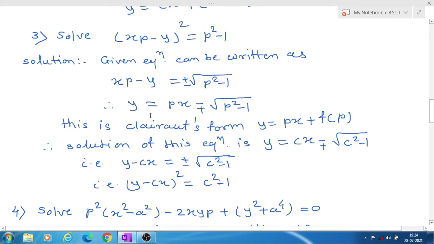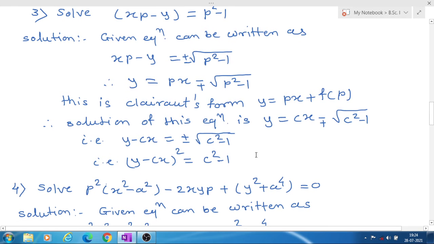From this we can write y is equal to, y is transferred to the RHS and the square root is on the LHS. Therefore, we get y is equal to px minus or plus root p square minus 1.